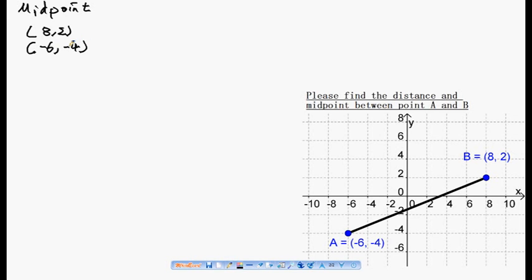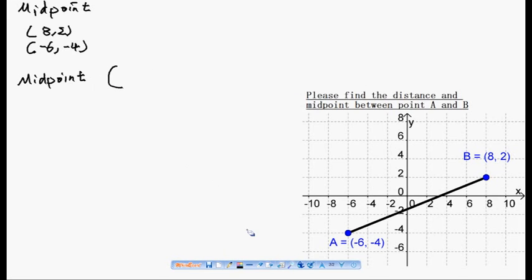So the midpoint will be, I can't use the equal sign there because it's not an equation. The x coordinate is the sum of the x coordinates divided by 2.